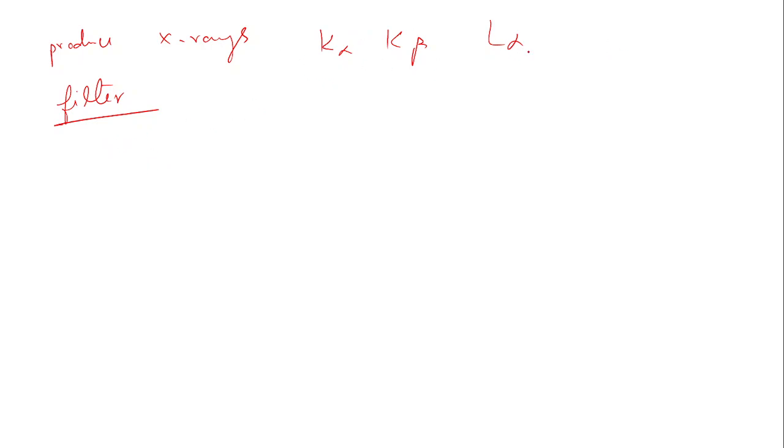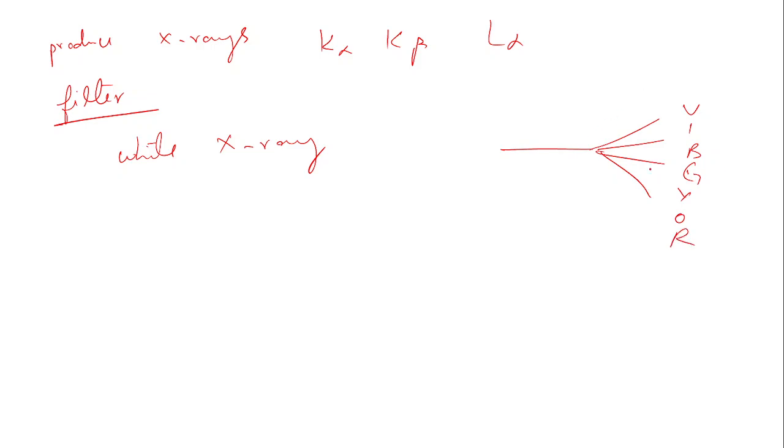Otherwise, if there is a mixture of all these X-rays, then we call it white X-ray. Why white X-ray? Because we know white light is a mixture of a lot of wavelengths. White light when split gives those 7 different colors: violet, indigo, blue, green, yellow, orange, red. So white light consists of all these lights.